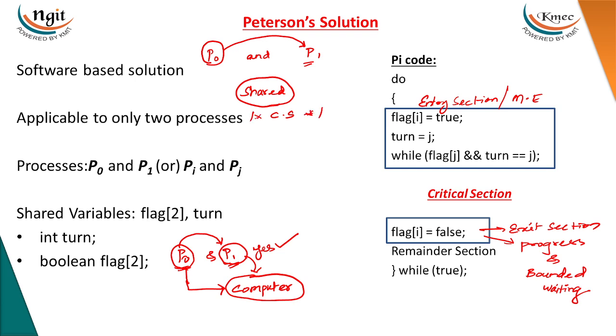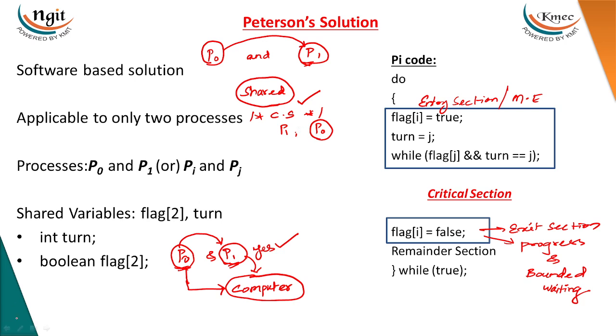So P0 wants to execute the critical section, and at the same time P1 also wants to execute it. Before executing, P0 will ask P1, do you want to execute the critical section? If P1 is also ready, then P0 allows P1 to execute it. Once P1 executes and comes out of the critical section, then P0 will enter into the critical section. That is the concept.